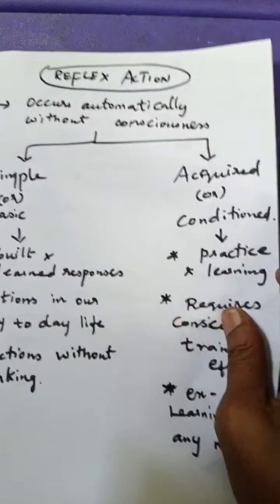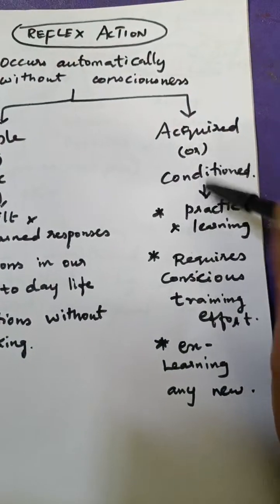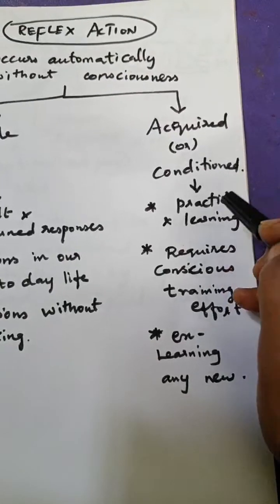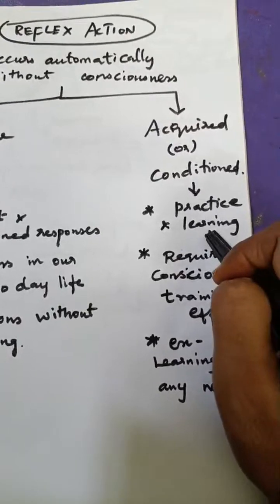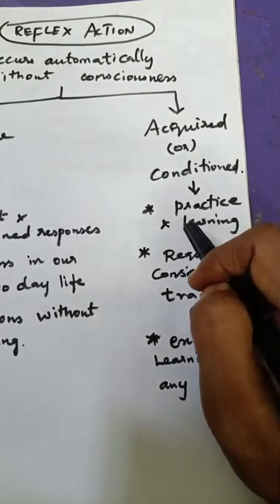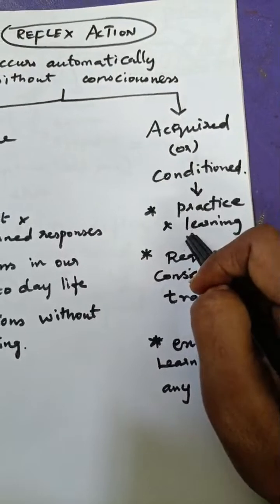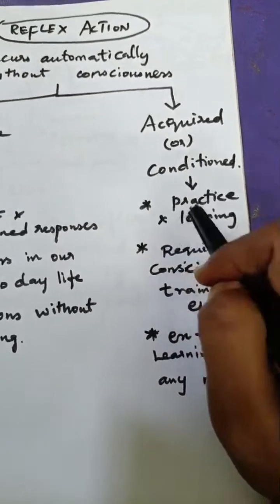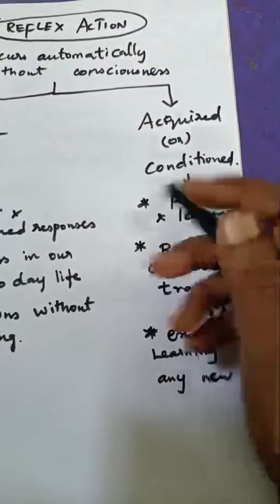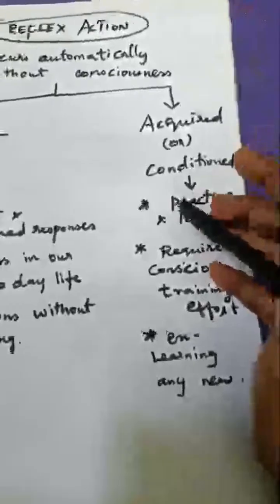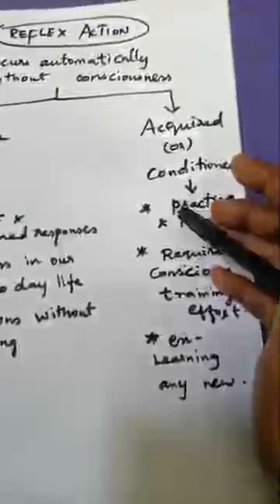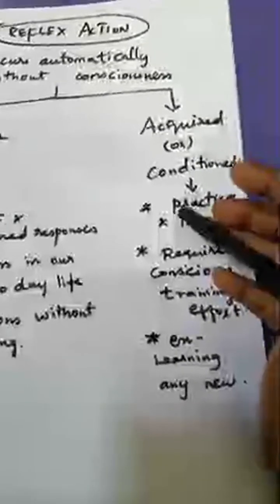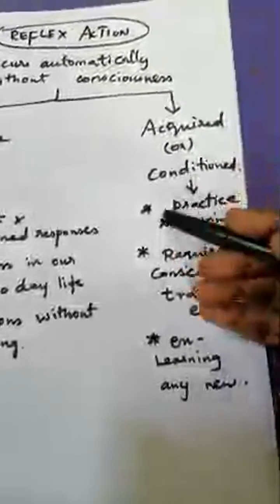Whereas acquired or conditioned reflexes come only with practice and learning. Why? Because when you go to a class, like a football class or a coaching class, to play an instrument, or to learn any new thing, like many people spend time in extracurricular activities such as sports, games, and art and craft, they learn by practice.